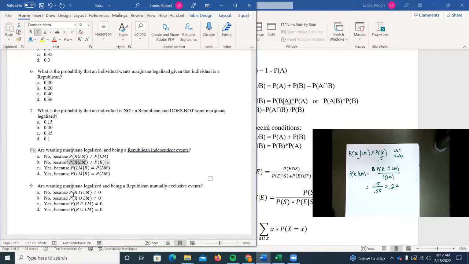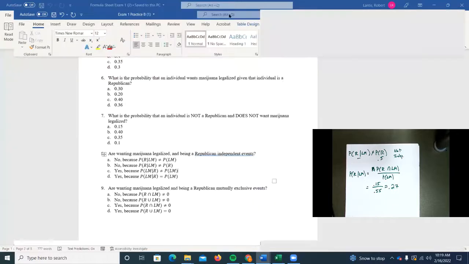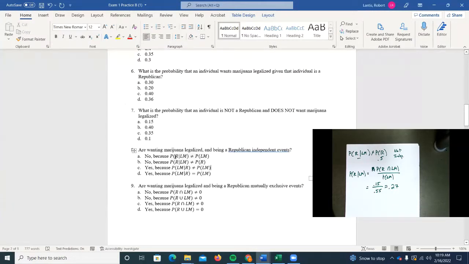So, one thing you're looking for in these independence examples is whatever's on the left side of that conditional line, that's what you're trying to find the probability of, right? So you need what's on the left side of that conditional line to match up with whatever your unconditional probability is. Notice in A, this is what we would call the conditional probability of R, or the conditional probability of being a Republican.